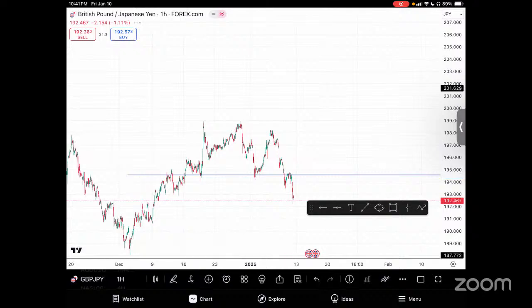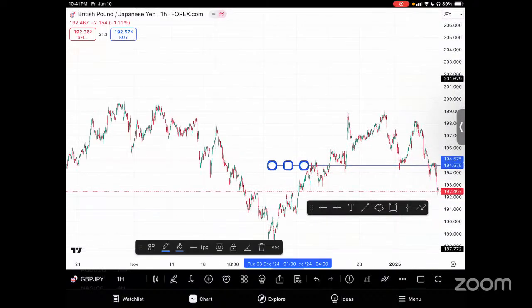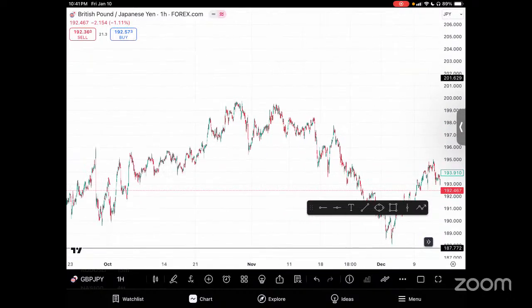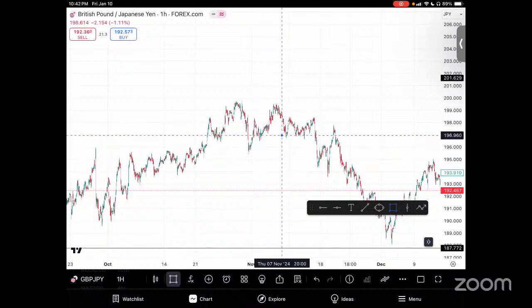Here we go. So let's see. Let's look in the past and let's see if we can find an area of consolidation. Can you see an area? Side note, you see these numbers to the right of the screen? Those whole numbers, you can use those whole numbers to help you spot your consolidation area. So let's see, 197, 196, 197 to 196.